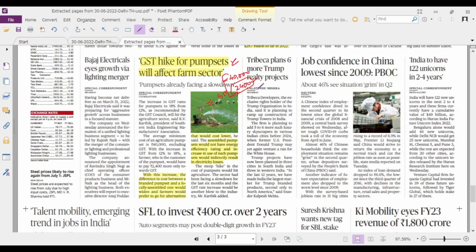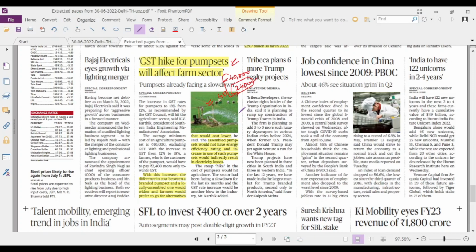So if he purchases the local pump set from the local vendor, the energy efficiency of those local pump sets would be very low, and they would be consuming more electricity. And especially in the few states which give free electricity to farmers, the electricity consumption in those states would increase. Again, that has repercussions. The high electricity consumption and high usage of pump sets would again impact the environment.